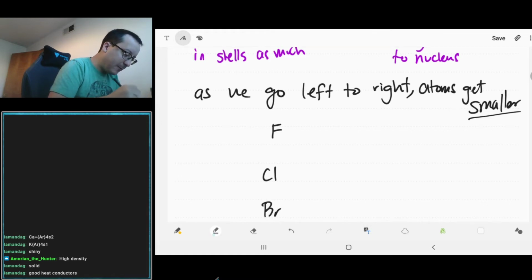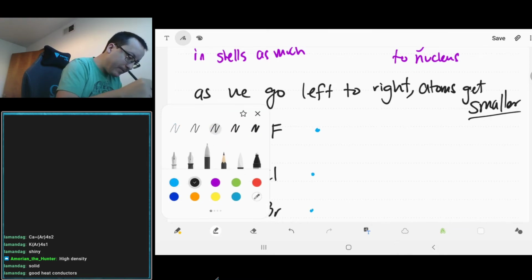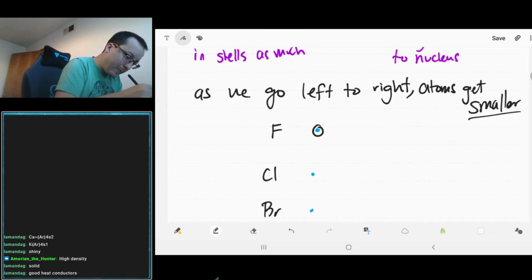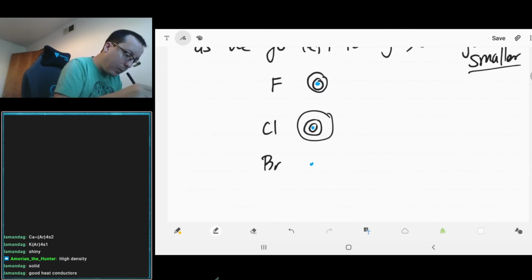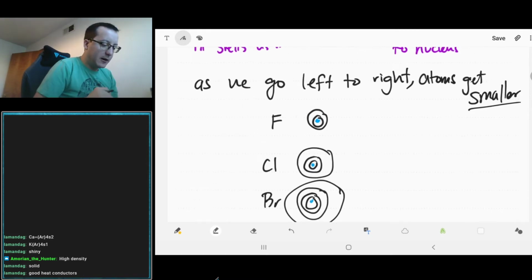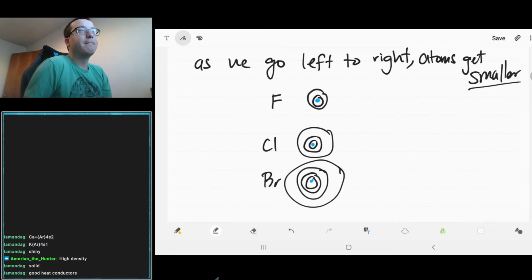And bromine, why not? So looking at these ones, again, I've drawn them, or I've tried to at least.